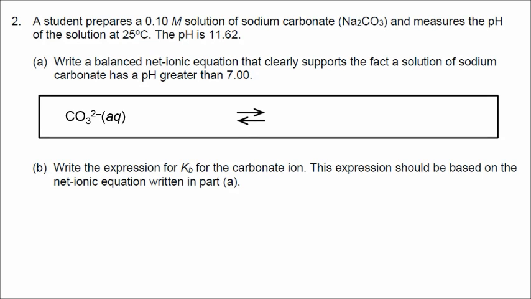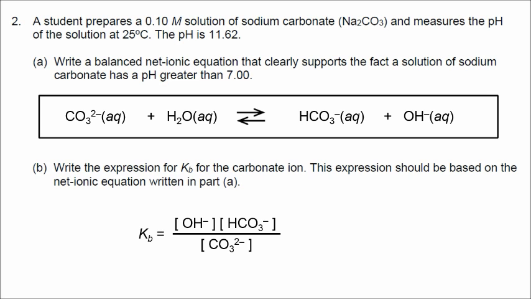Question 2, we're talking about carbonate acting like a base. So carbonate will accept a proton from water to make hydrogen carbonate and hydroxide. The Kb for this reaction will have the concentration of hydroxide times the concentration of hydrogen carbonate over the original concentration of the carbonate. We exclude water from that equilibrium expression. All right, we've written the Kb.